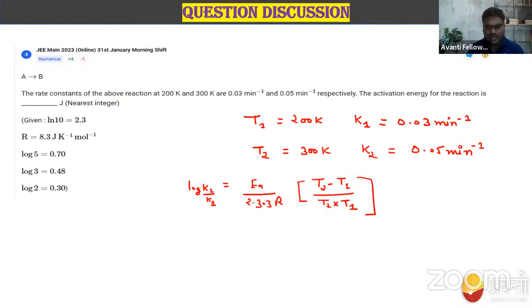So this is how you can solve this. So this comes out to be log of K2, which here is 0.05, by K1, which here is 0.03.